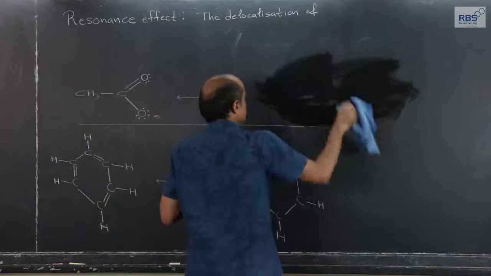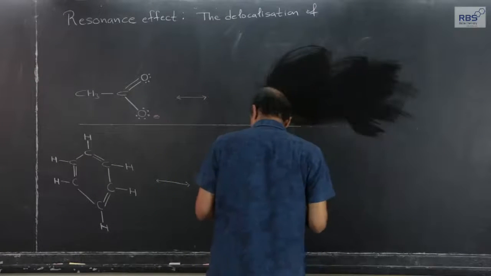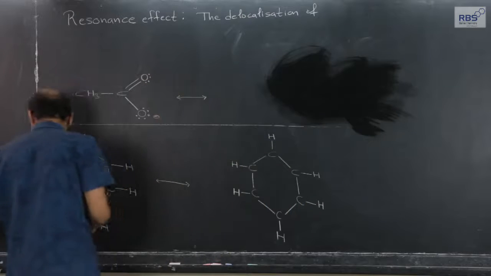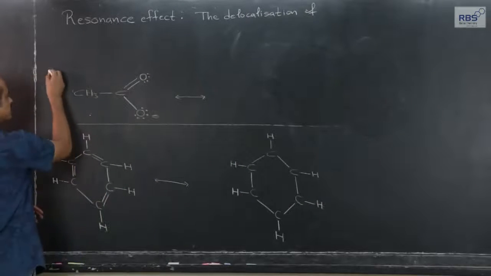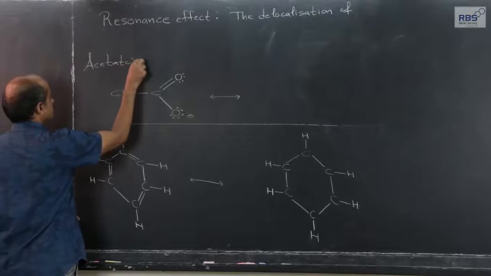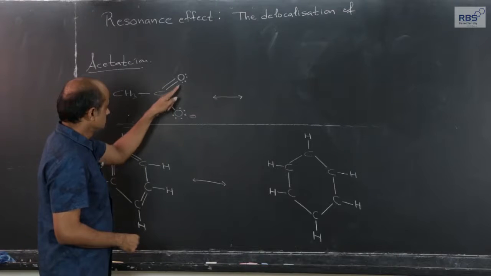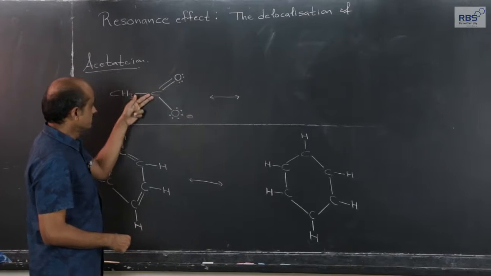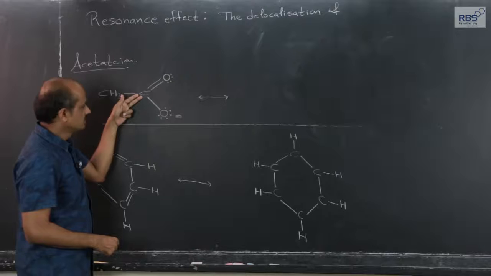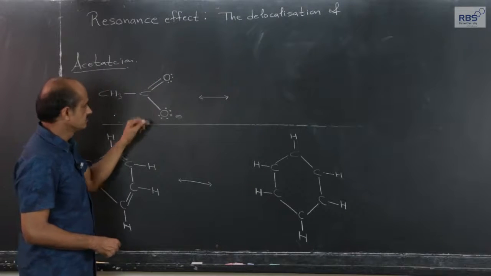Now, let us come back to the main discussion. The example I have selected here is acetate ion. Now, as we know, carbon has formed a double bond with this oxygen and a single bond with this oxygen.